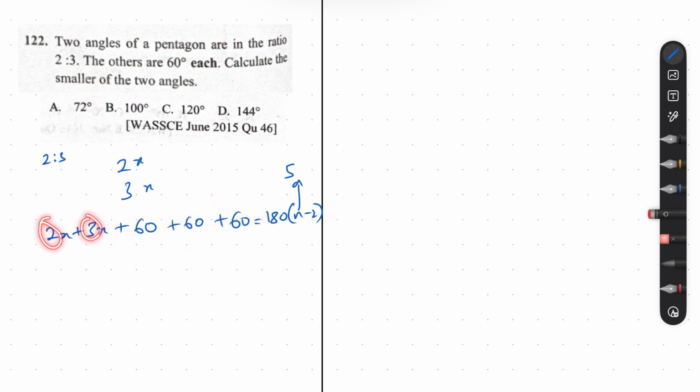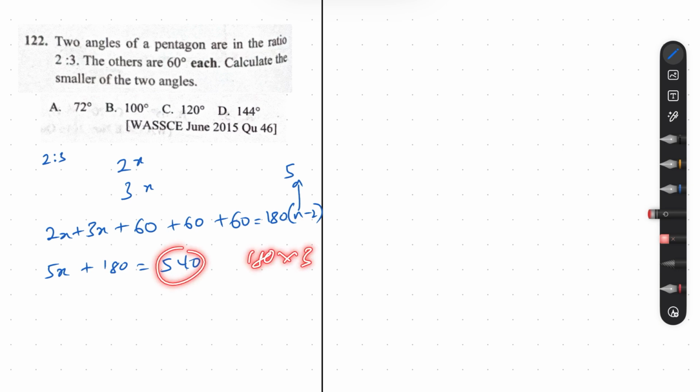Okay, cool. Now let's try. We know that our n is 5, so we can calculate this here. We have 180 times (5 minus 2), which is 180 times 3. So we have 5x plus 180 is equal to 540, which is the same as 180 times 3. 180 times 3 is 540.